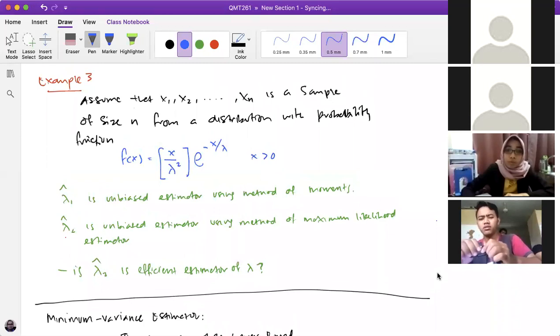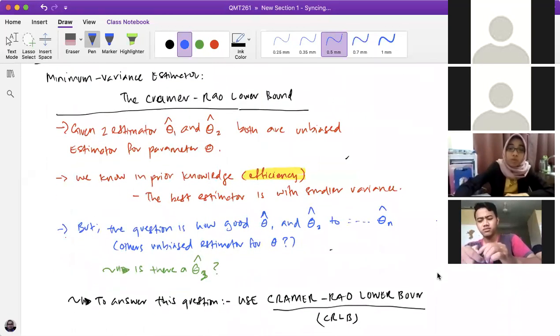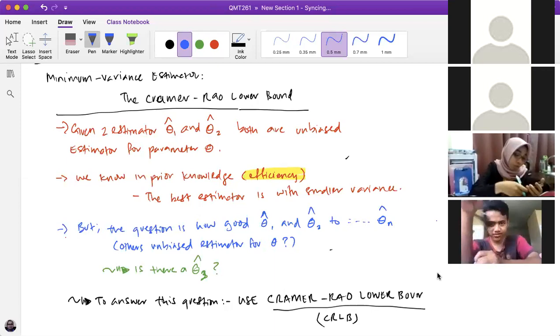Right. So the next topic is the minimum variance estimator, the Cramer-Rao lower bound. So earlier we looked at the efficient estimator. In an efficient estimator, the requirement is first that the estimator should be unbiased, and then to claim it is the efficient estimator, its variance should be the smallest compared to others.